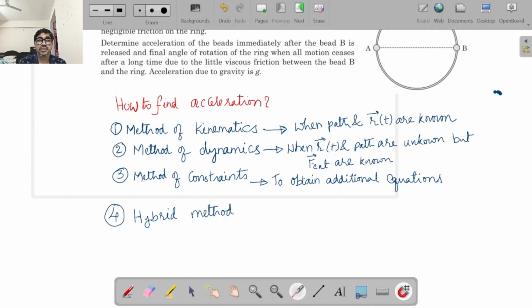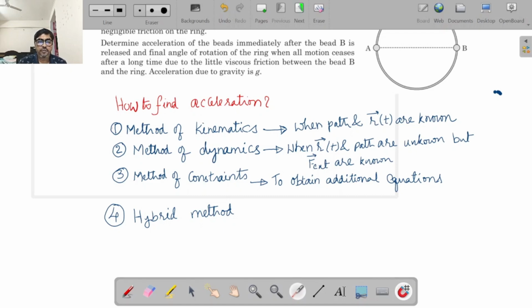They just mentioned that the path is a parabola or a circle, so partial information is given about the path but not complete. Then you cannot solve it using only kinematics. And they have given some external forces but not all of them, some are unknown. Then you can't depend completely on the dynamics method alone.